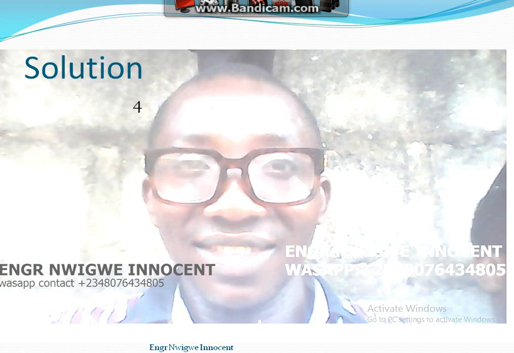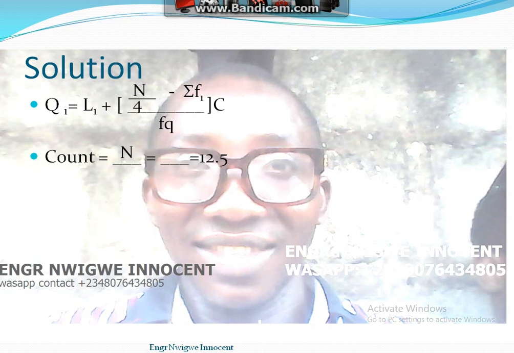Solution. The lower quartile Q1 is equal to the lower boundary L1 plus, in parentheses, the total number of frequency n over 4 minus the summation sigma f1, all over the median frequency fq, times c, that is the class difference. Count is equal to n, that is total number of frequency, over 4, which is 50 over 4, giving us 12.5.